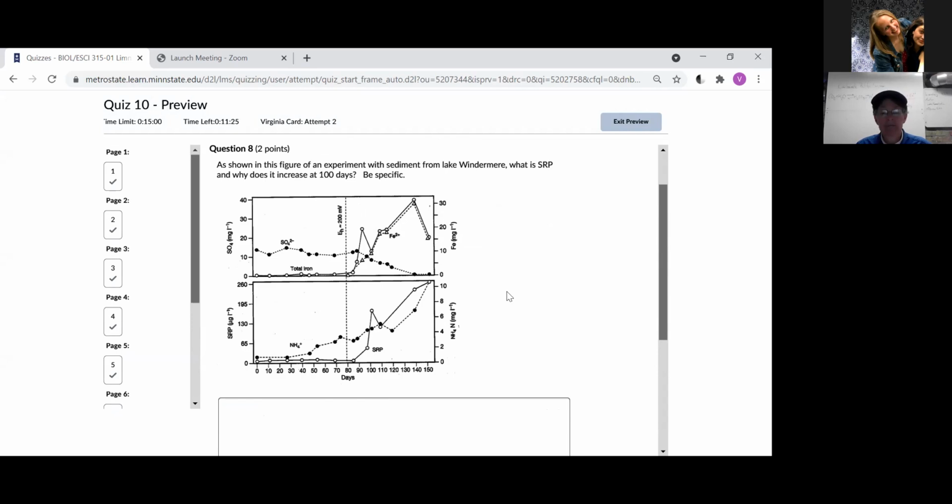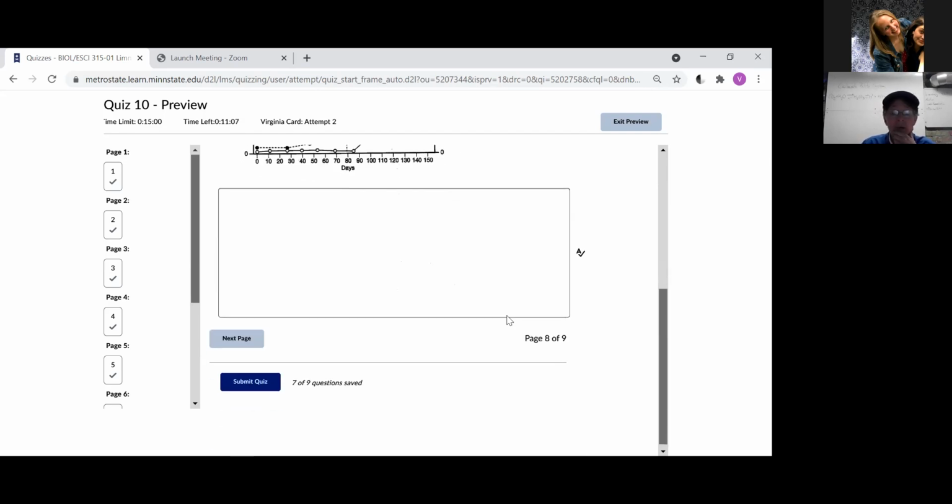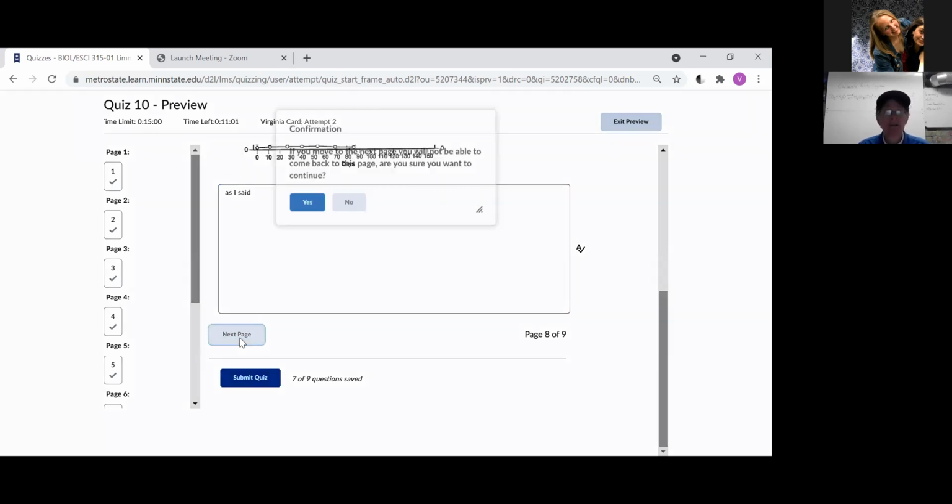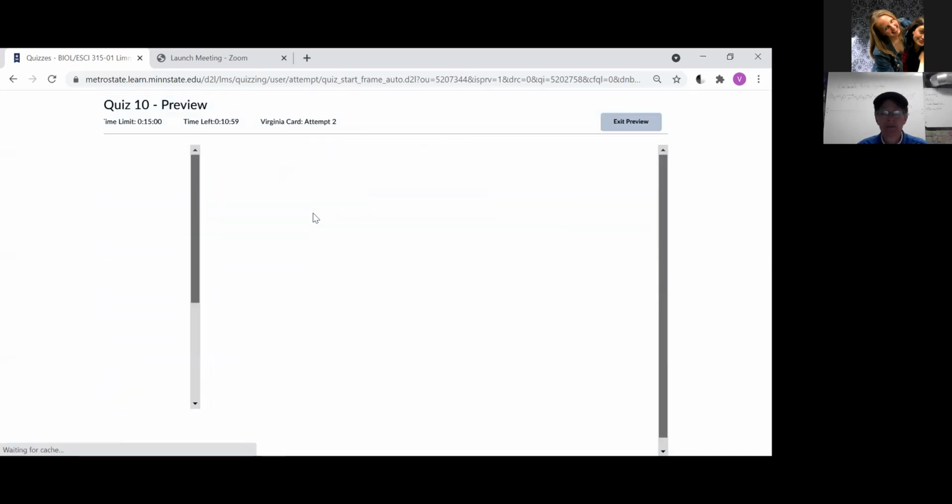Something like that. At 80 days, the redox potential dropped below 200 millivolts, and so the iron converted to ferrous, and the iron phosphate dissolved, and the phosphate dissolved back into the water. As I said, that's not a real answer.